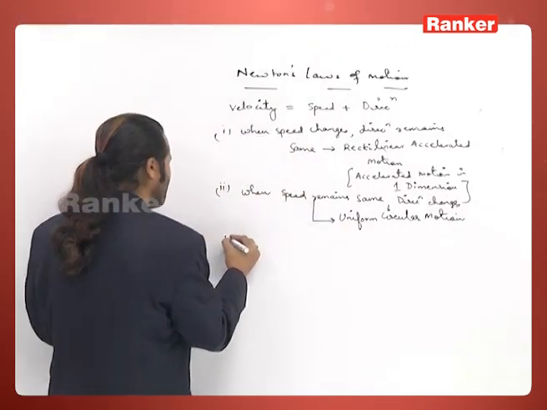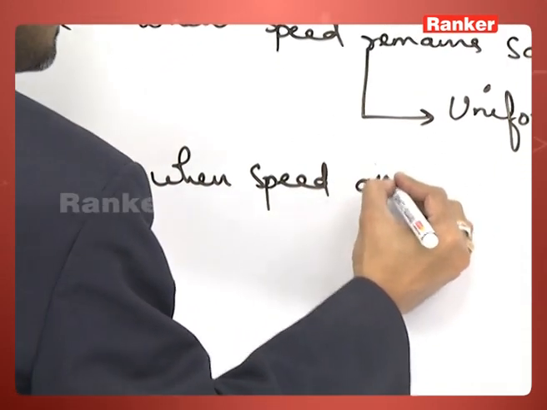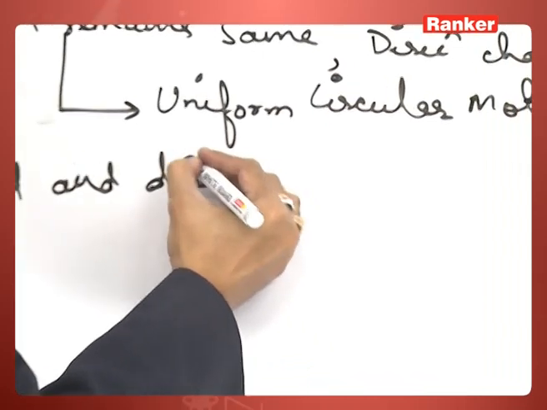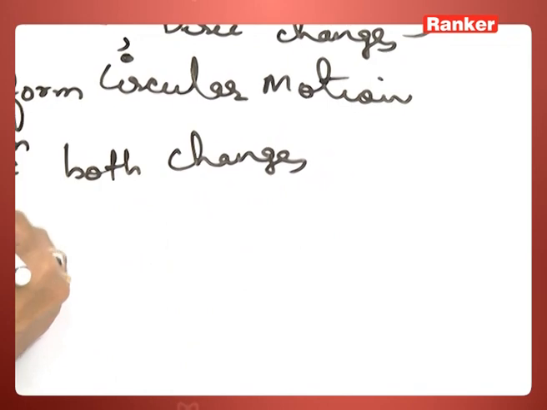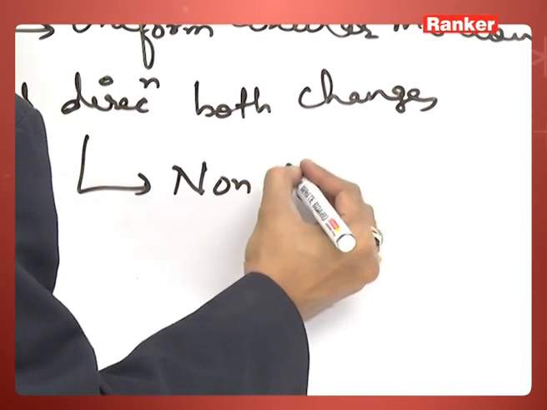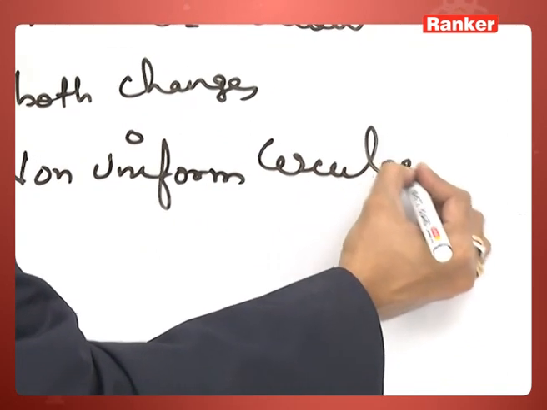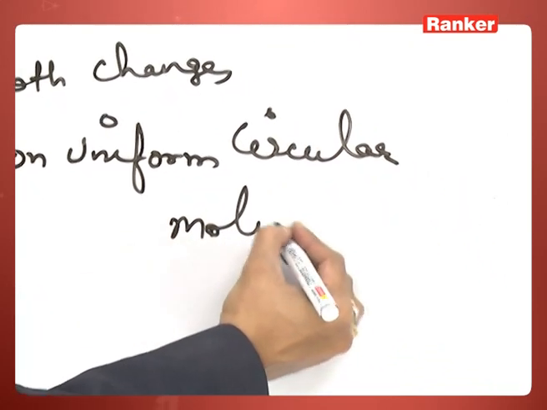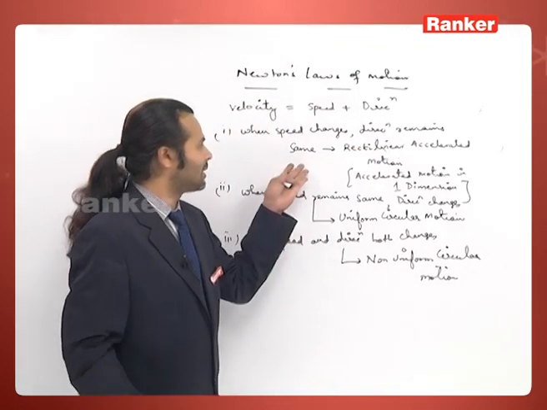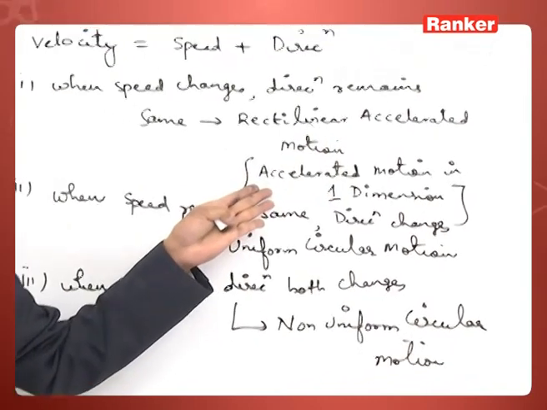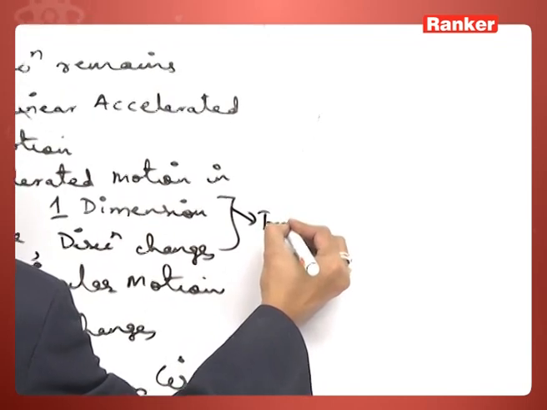And third, when speed and direction both change, we have this kind of non-uniform circular motion. So I say when speed changes, direction remains same, rectilinear accelerated motion in one dimension, or I can write here translatory motion.